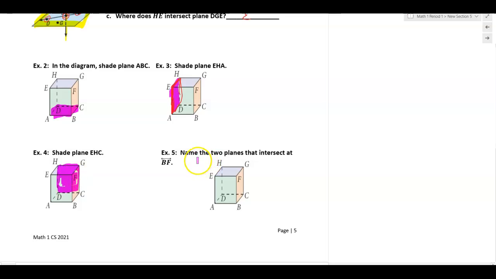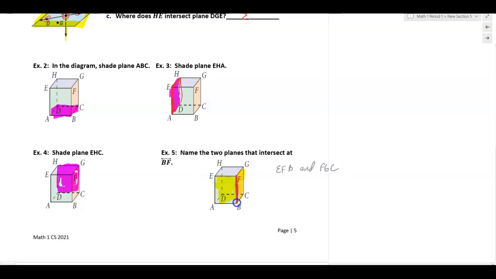Okay? Then name 2 planes that intersect at BF. So if I look at BF, it's this line here. And if I look, the front side and the right side intersect there. So we're going to say plane EFB and plane FGC.